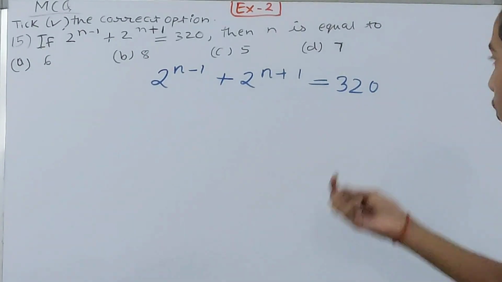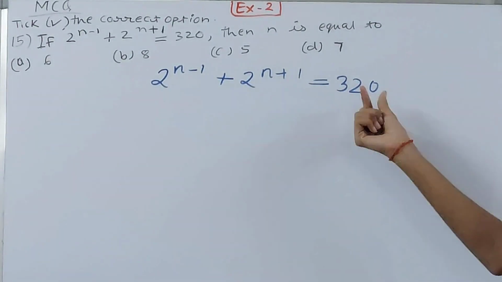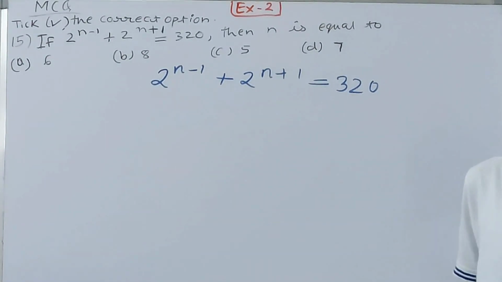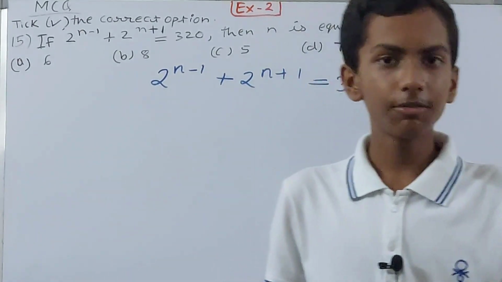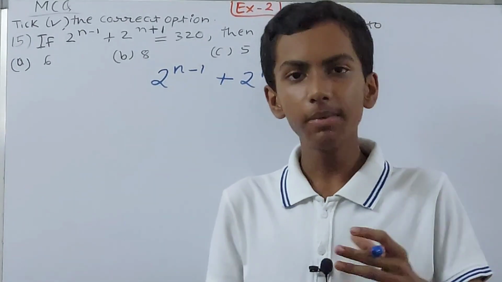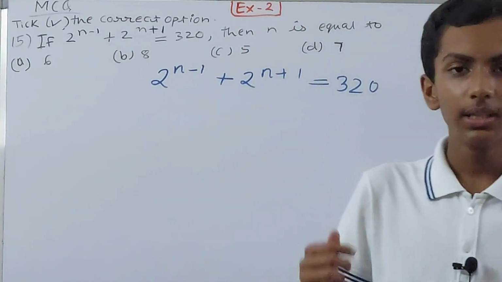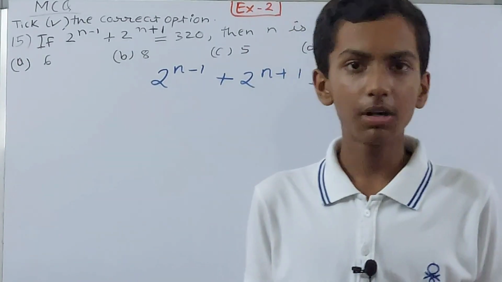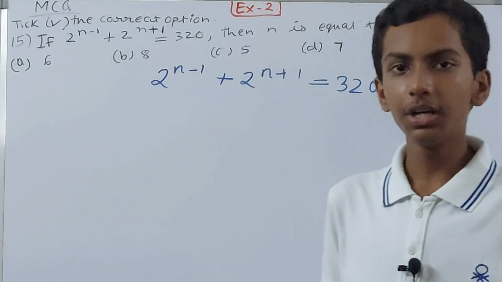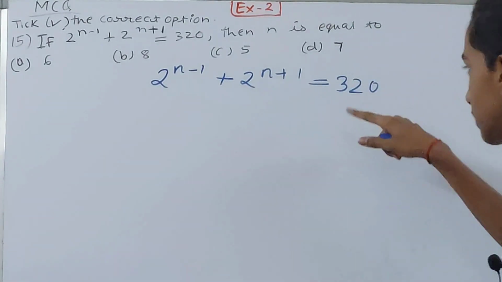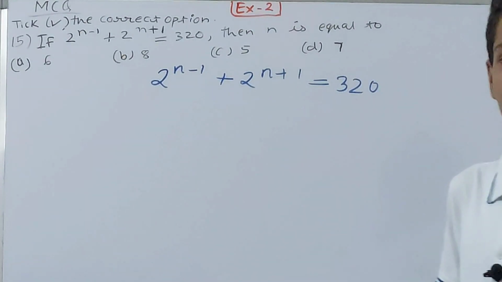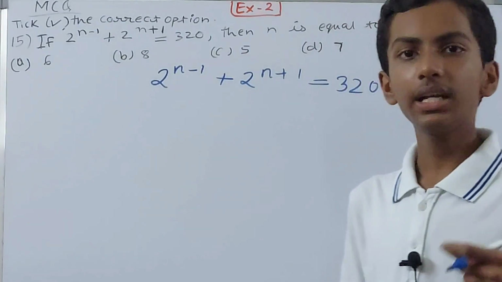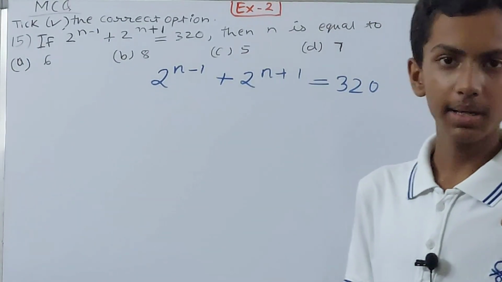No, because this 320 will not be a number with base 2. If we have to make 320 with base 2, then we have to take another number with it, then only we can get 320, right? Although if it is 32, then we could have made it with base 2, but now when it is 320, we cannot make it base 2.